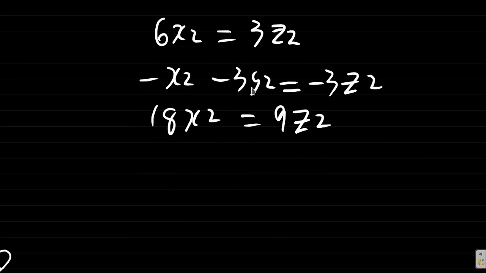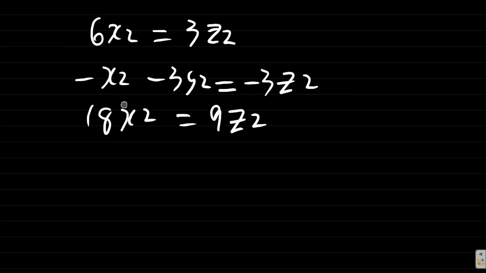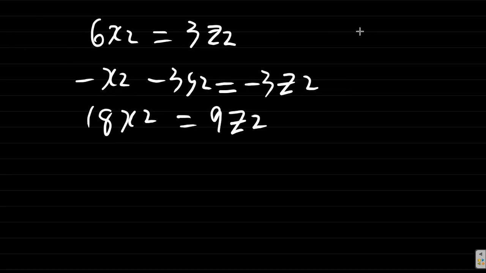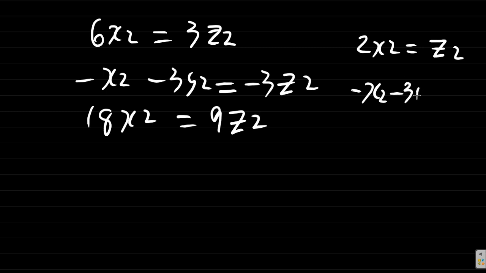Alright, so here we can simplify these, making them smaller. Divide by 3, we have 2x2 is equal to z2. This one remains, negative x2 minus 3y2 equal negative 3z2.